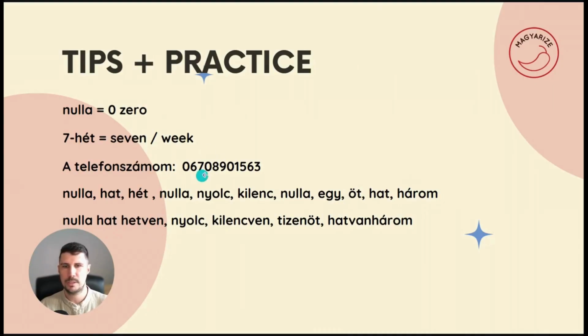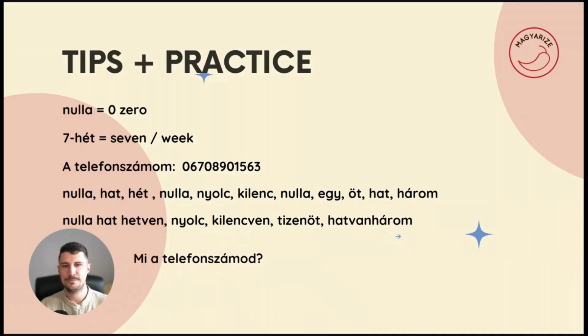Usually mobile numbers start like this in Hungary. 06 70 8 90, because that's a nice and round number. 90 15 15 63 63. So instead of saying each number one by one, you can pair them up into the teens and higher numbers.